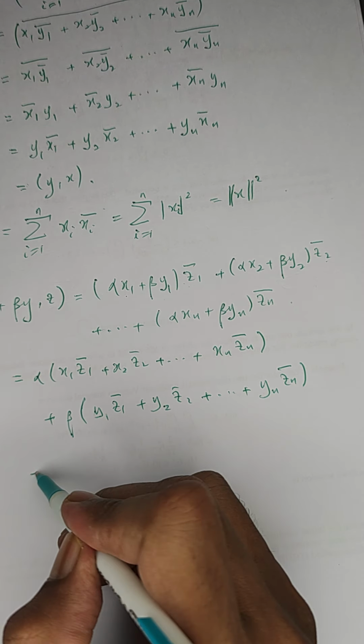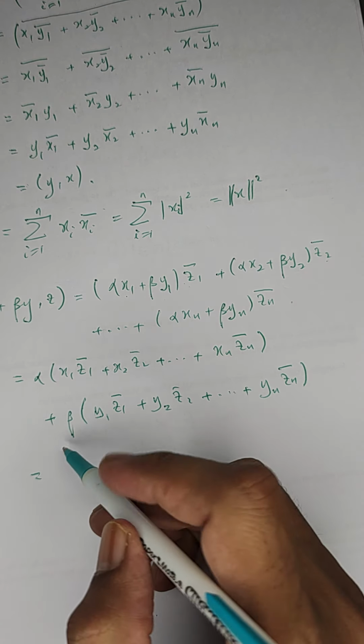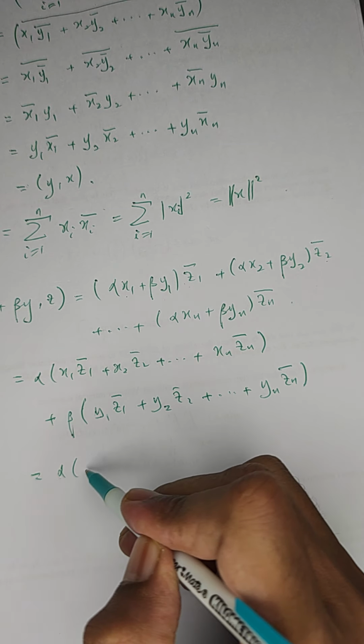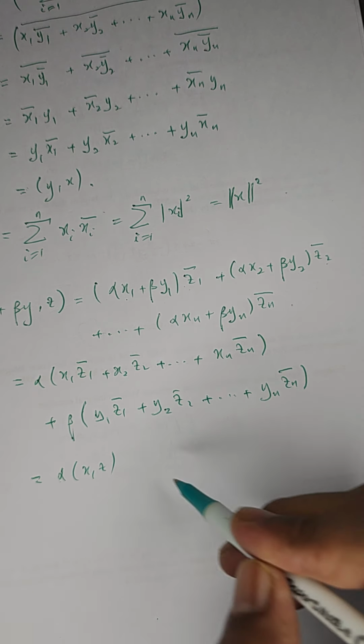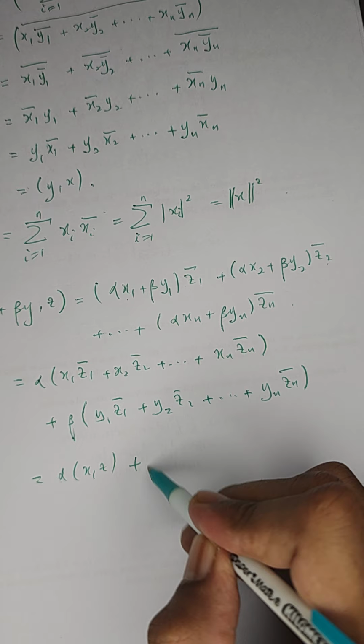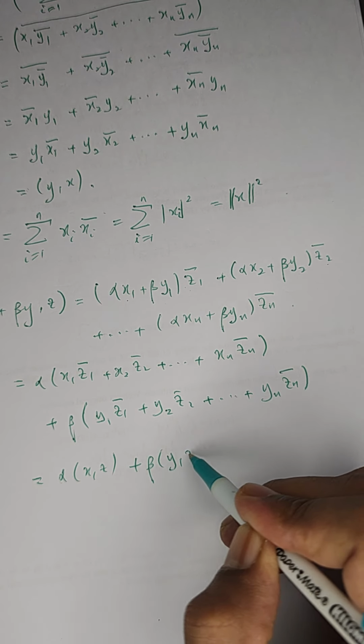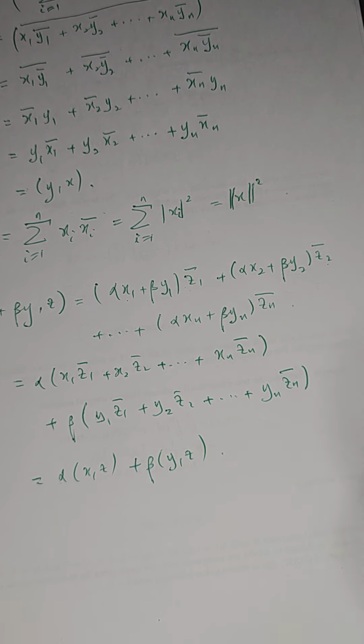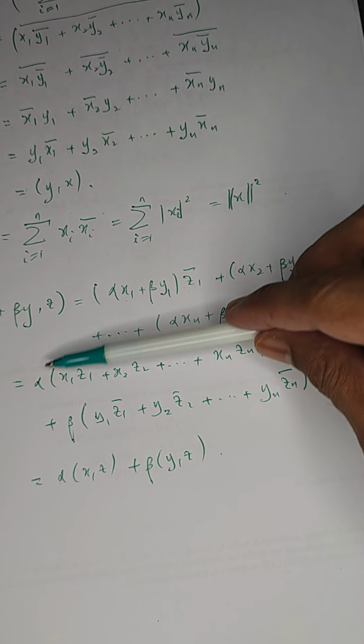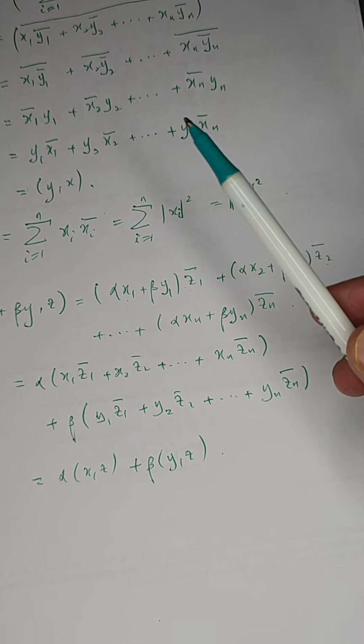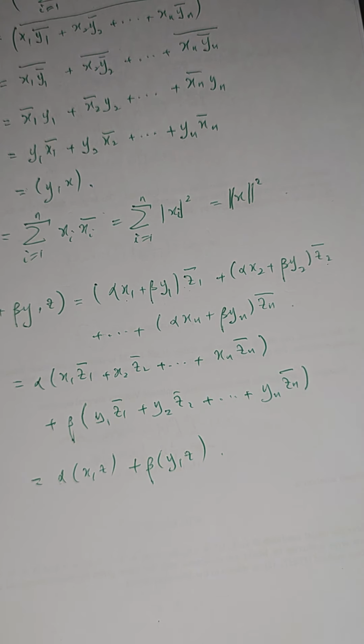That gives us alpha times the inner product of x and z plus beta times the inner product of y and z. Therefore, with this, the three conditions are satisfied, so the given set is a Hilbert space.